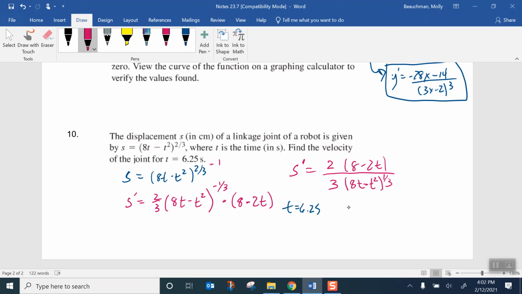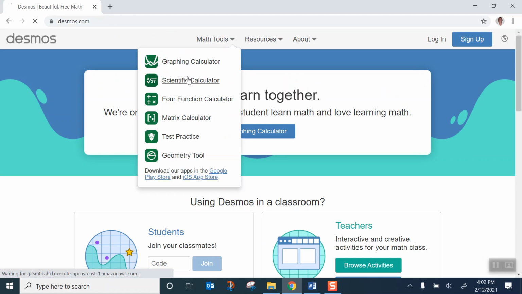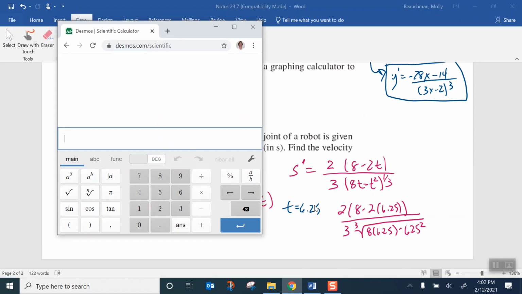And we end up with 2 times parentheses 8 minus 2 times 6.25 over 3 times the cube root of 8 times 6.25 minus 6.25 squared. So we're going to put that in the calculator and see what you end up with. So if I go to Desmos or a scientific calculator, might be a little bit easier to type it in there. So you want to make sure you've got your parentheses wherever you need them.